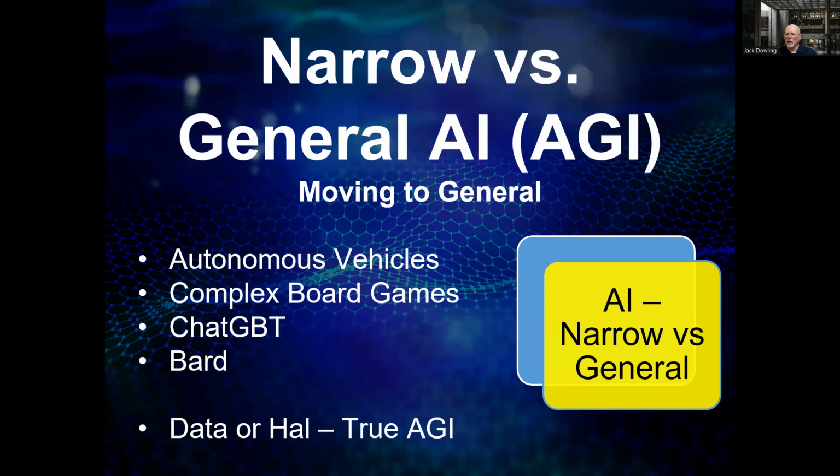Where we're headed, though, to true AGI, is things like Data from Star Trek. He was an android, and he had a lot of superior capabilities to a human, but he was still learning a lot about humans.